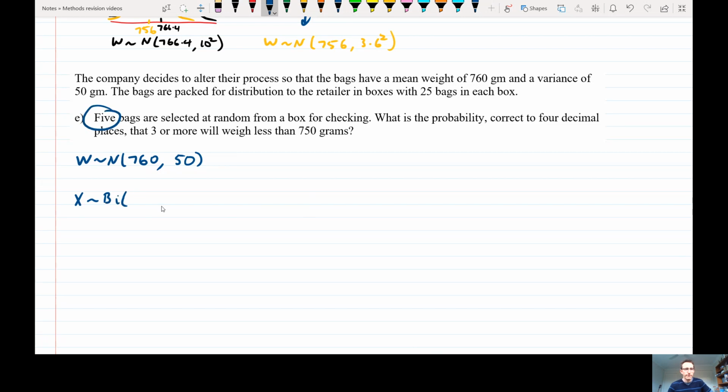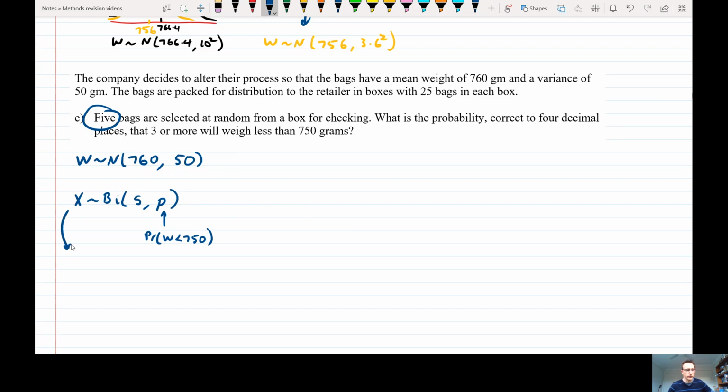N is 5, and P we don't know. The probability of success will be the probability of a bag weighing less than 750. So see how we're mixing the amount with now the probability of a weight. So it's mixing between the two.